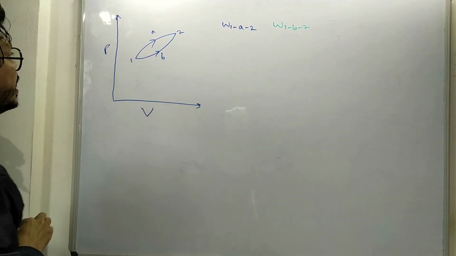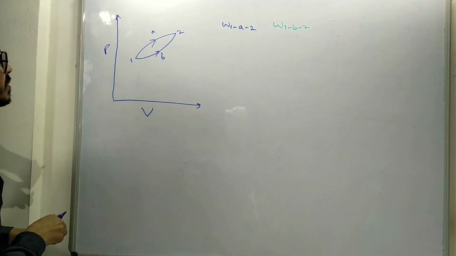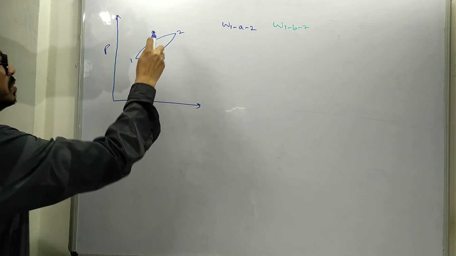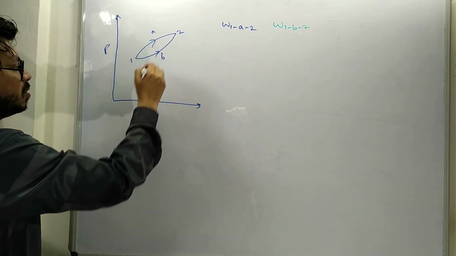Now we know that the area under the curve, that is area under the process 1A2, is the work done by the process 1A2 on PV diagram.